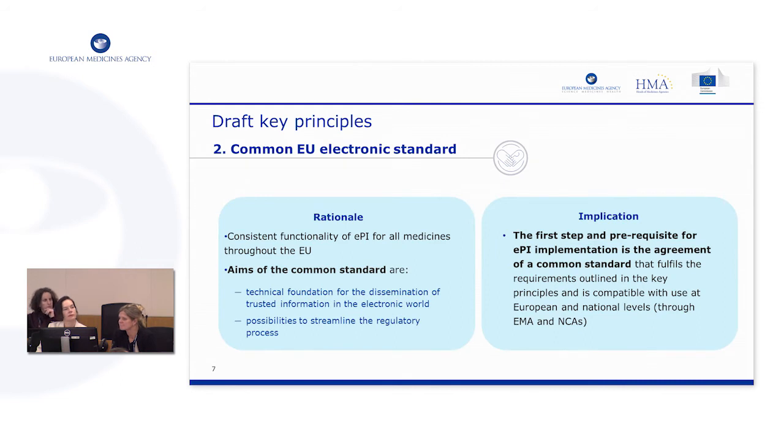So again, the rationale is what we had before, but I think the implication is the relevance that this is the first step and the prerequisite for implementation of EPI. If we are not able to agree on a common standard as a first step, nothing can be done and nothing will be done.